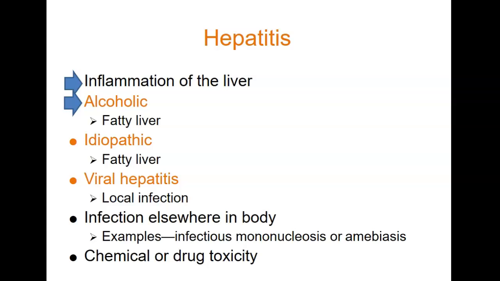It's called idiopathic. And quite often it leads to fatty liver disease, where the liver just becomes encased in high amounts of adipose. And then there's viral hepatitis that we're going to spend a lot of time talking about in the next couple slides. And there's specialized local infections that can either be self-limiting or chronic, depending on the viral strain that infects it.